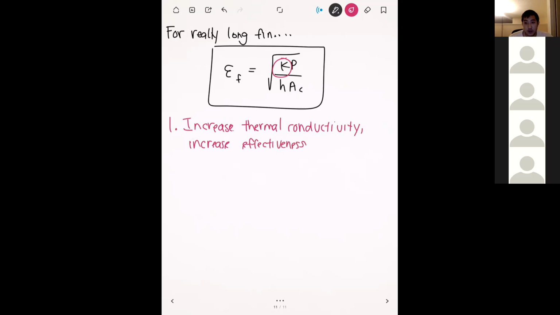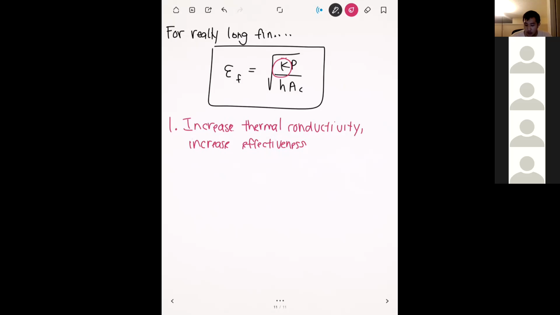So it's advantageous, if you want to make your fin as effective as possible, to use a material that has a high thermal conductivity, right? A lot of times you're going to see fins constructed of metals, because if you remember from the beginning of class, metals tend to have much higher thermal conductivity than many other materials. You don't really want to make a fin out of plastic, because plastic is normally pretty insulating, and that's not going to make for a very effective fin.